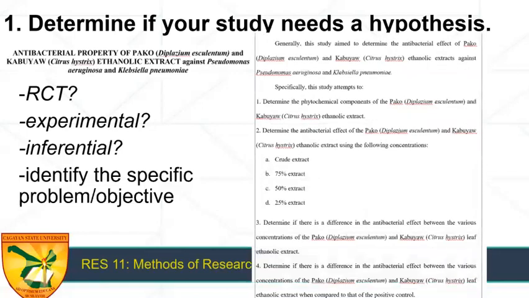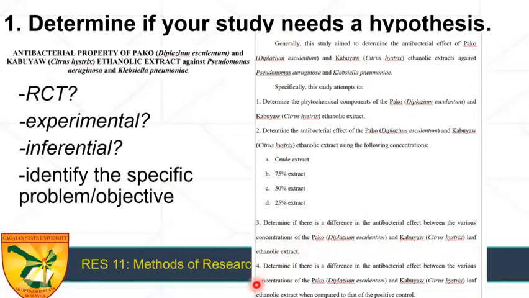Next is identify the specific problem or objective. For example, in this statement of the objectives, you will see here numbers 3 and 4. They want to determine if there is a difference in the antibacterial effect between the various concentrations of pako and kabuyao.